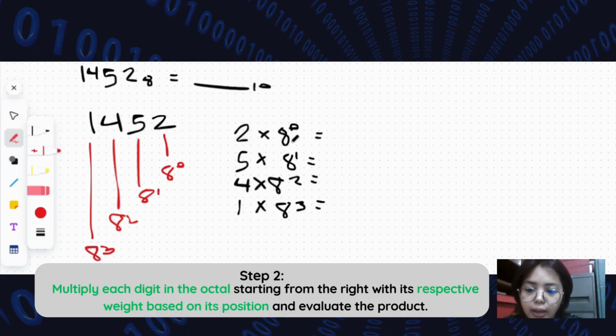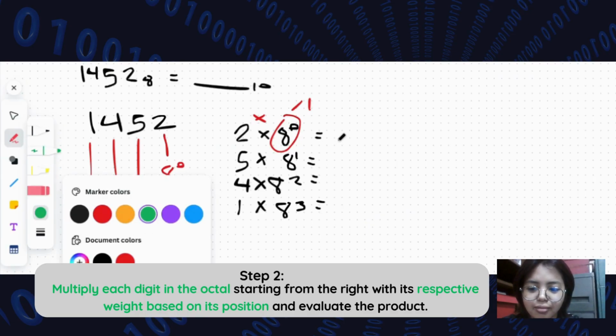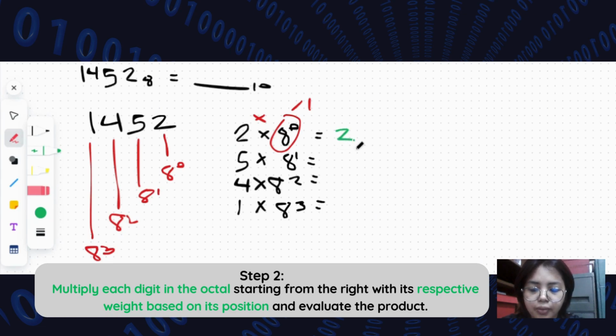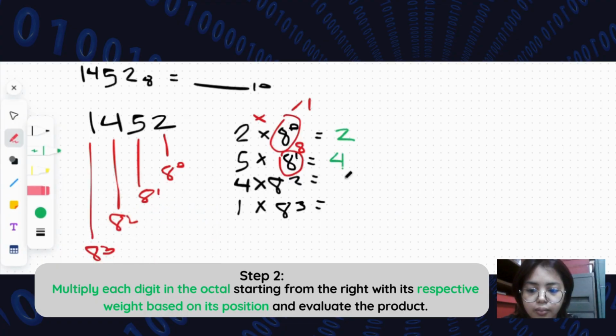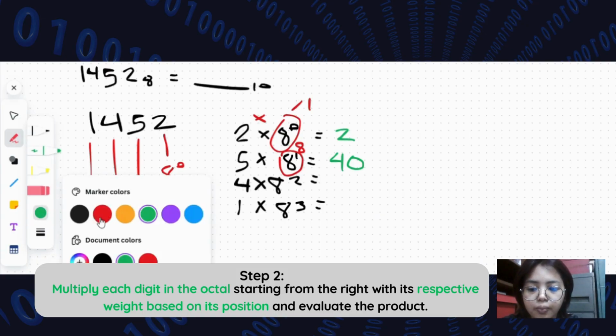2 multiplied by 8 raised to 0, we have to remember that a number raised to 0 is equivalent to 1. So 2 multiplied by 1 is, of course, 2. And then a number raised to 1, the answer is the number itself. So 8 raised to 1 is 8, multiplied by 5 is equal to 40. Then how about 8 raised to 2, or 8 raised to the second power?